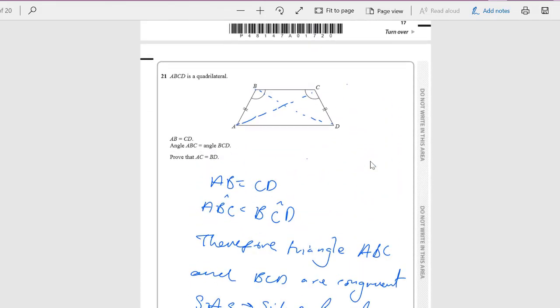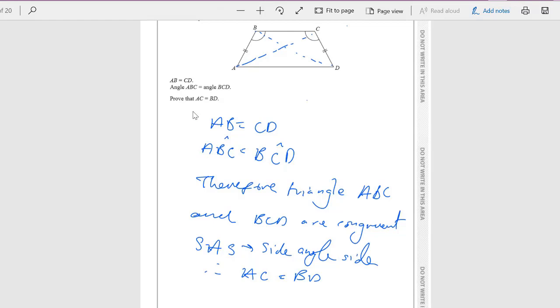And as we mentioned before, this allows us to prove that AC equals BD. Okay, because we have this side here, this angle here, and this side here, and likewise we have this side here, this angle here, and this side here.